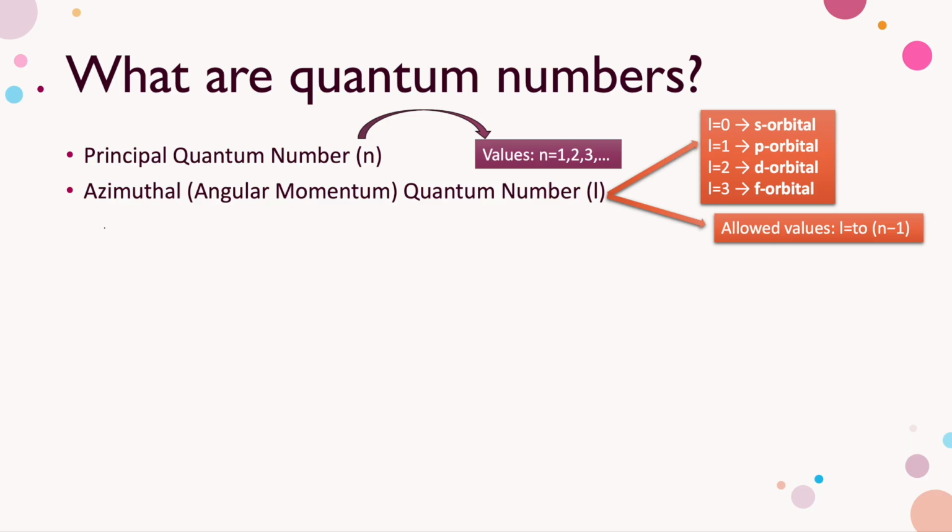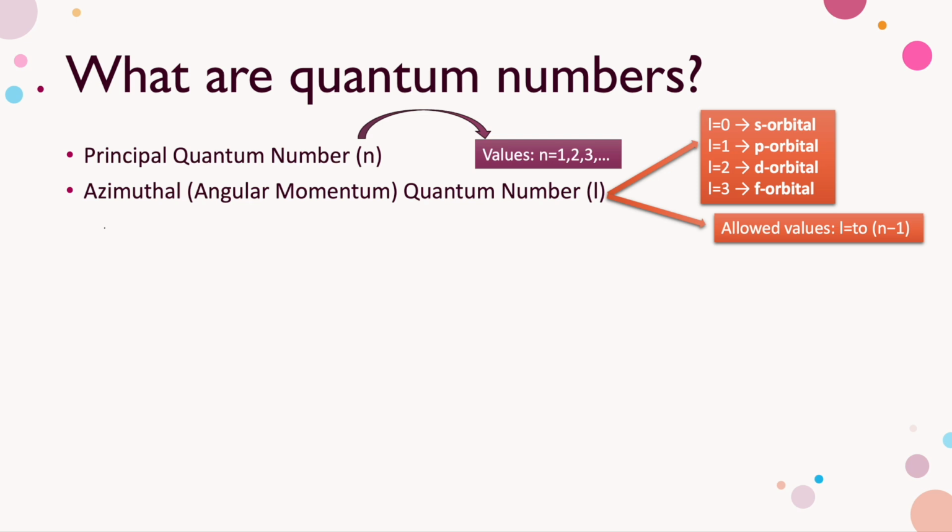Do you remember what shape it had? Correct, spherical. If l is equal to 1, it shows the p orbital. If it's 2, it shows the d orbital. And if it's 3, it shows, do you know which orbital? Nice, f orbital. So l starts from 0 to n minus 1.